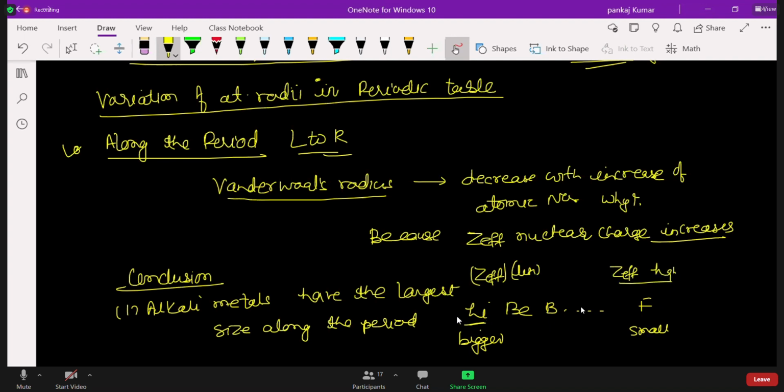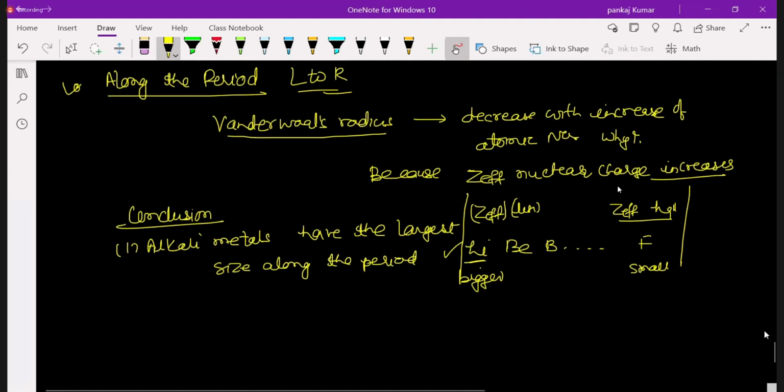Sir, is it because every time we go towards the right in the periodic table, we are adding one electron and one proton? So more protons increase the attraction, but if the electron is added in the same orbit, it won't repel in the opposite direction. Yes, obviously. You can calculate Z effective here also.